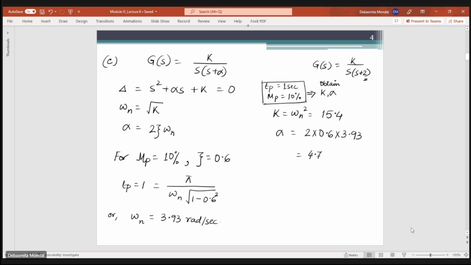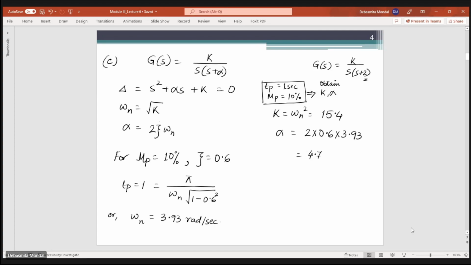So all the information that you need to find the value of K and alpha is known to you. K is dependent only on the value of omega n, which you have already found out. So that means you can find K equal to 15.4. And for alpha, you already know the value of zeta, because in the first case we have seen that for MP equal to 10%, the value of zeta is equal to 0.6.